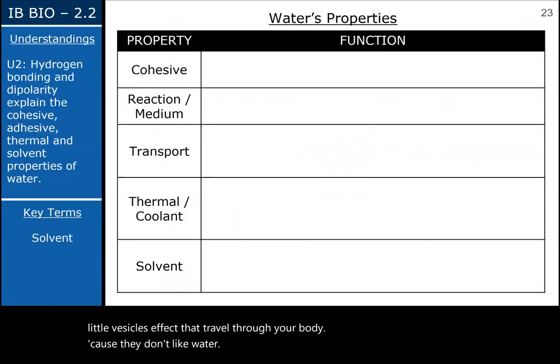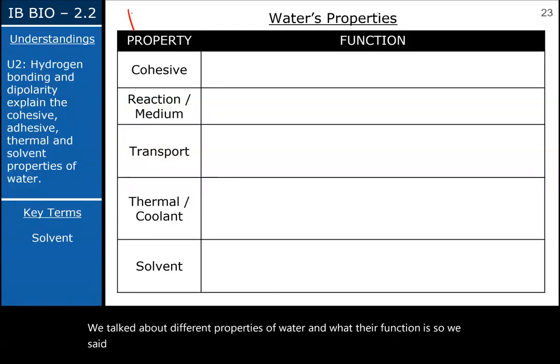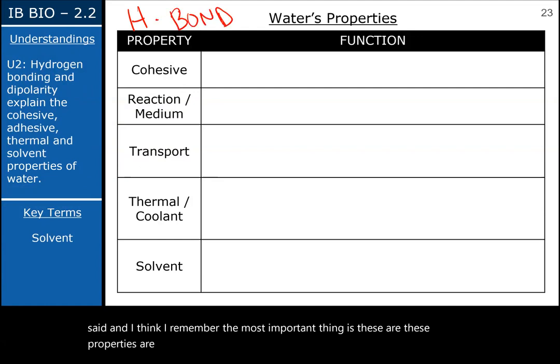Okay, so let's review. We talked about different properties of water and what their function is. I think the most important thing to remember is these properties are primarily the results of hydrogen bonding and polarity, right?